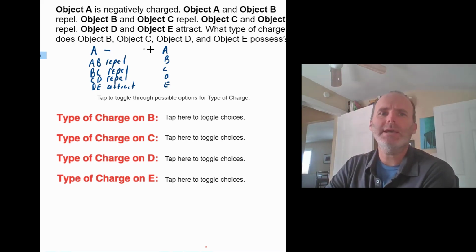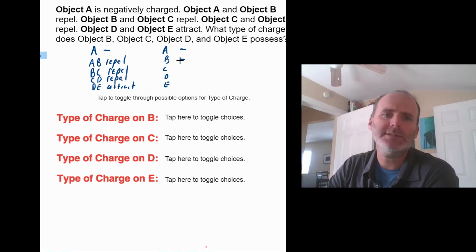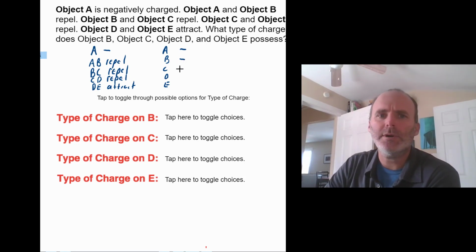A is negative, given. So A and B repel. If this is negative, the only thing that repels a negative is a negative. B and C repel, negative. C and D repel, negative. Now D and E attract. Well, what attracts to a negative? Positive attracts.